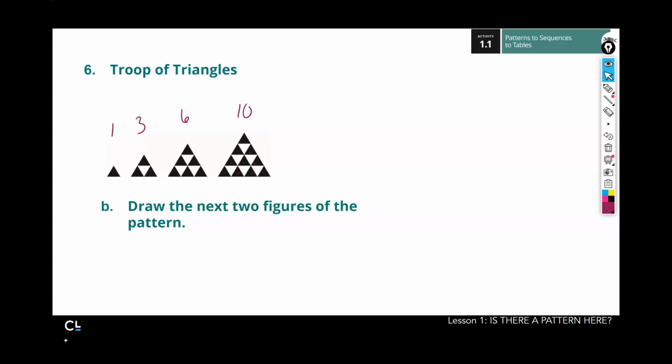So in this pattern, to get 3, we added 2 more triangles. To get 6, we added 3 more triangles.